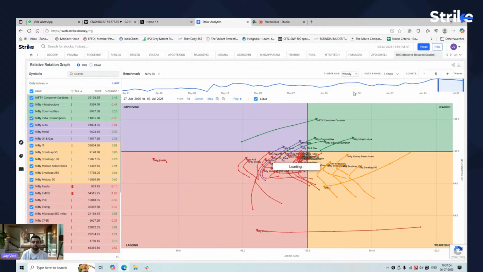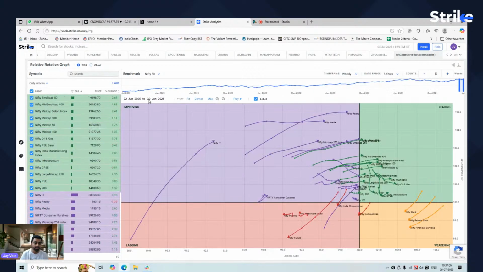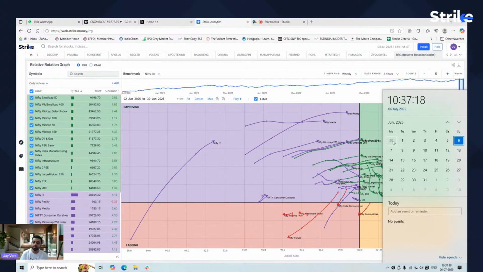Sorry, on the weekly chart, people say this is 30th June. Does it mean that these rates are of 30th June? That is not true. Okay, what we are actually doing is considering the start of the week as the weekly open, right? So that is why we are considering it that way.